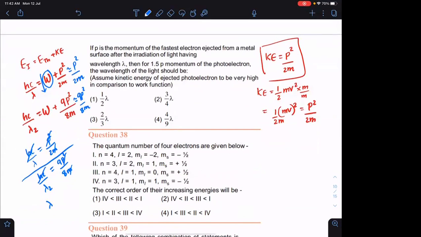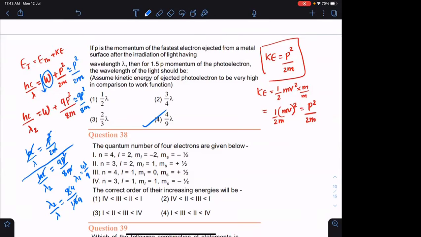What will lambda 2 upon lambda be equal to? 8 upon 18, so 4 upon 9. So lambda 2 क्या हो गया? 4 lambda upon 9. So the answer is 4.